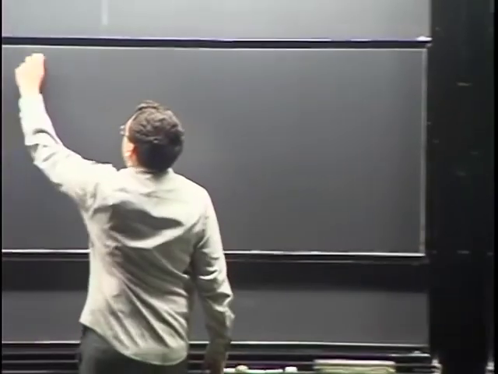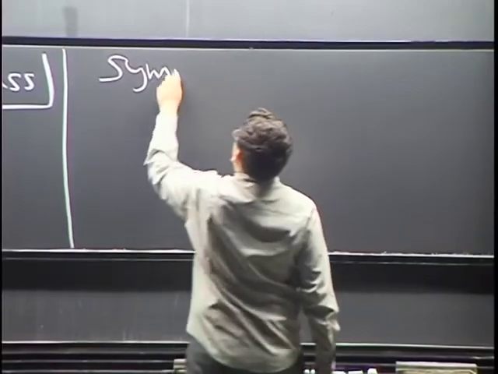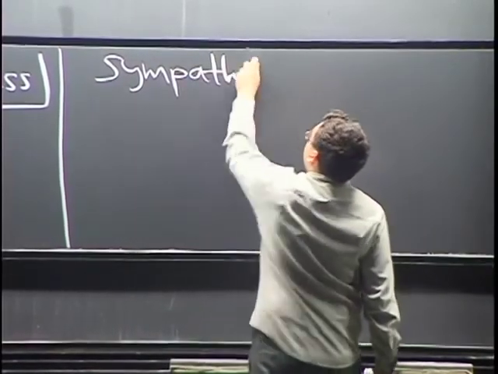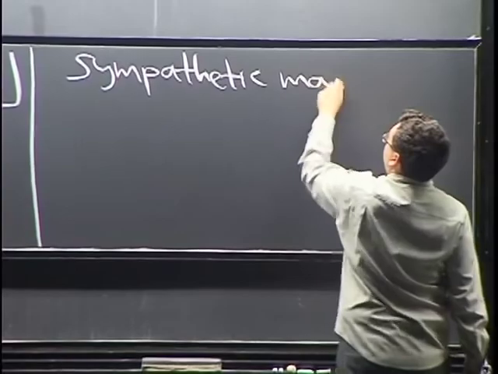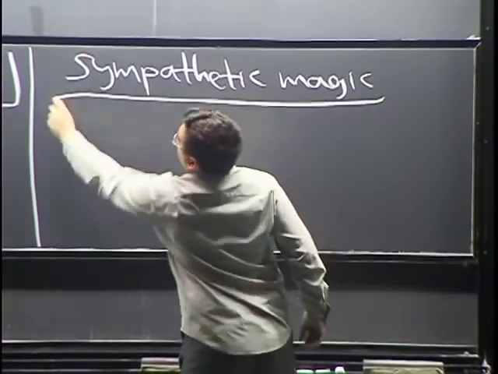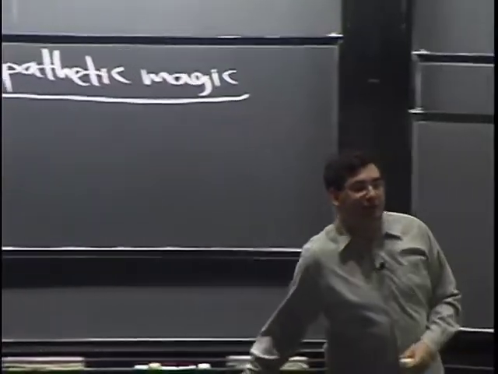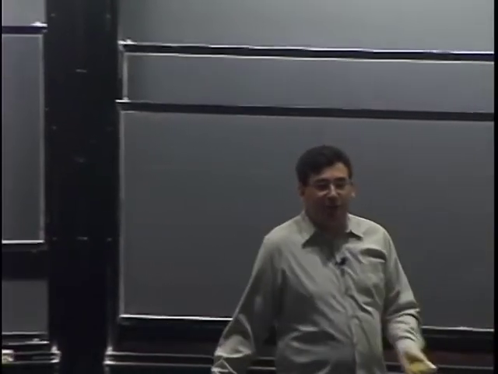So this is what I call sympathetic magic. Sympathetic magic is what I call the mistake of confusing a random variable with its distribution.